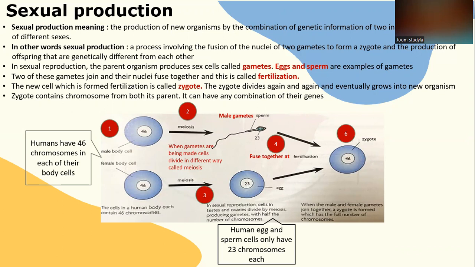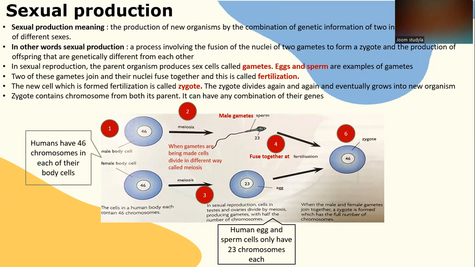In other words, sexual reproduction is a process involving the fusion of the nuclei of two gametes to form a zygote, and the production of offspring that are genetically different from each other. In sexual reproduction, the parent organism produces sex cells called gametes. Egg and sperm are examples of gametes.